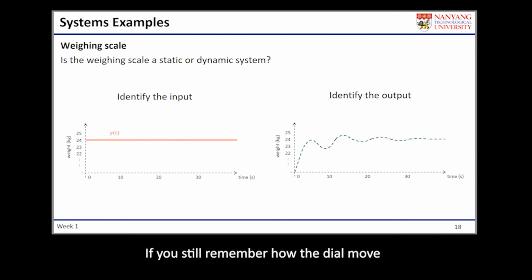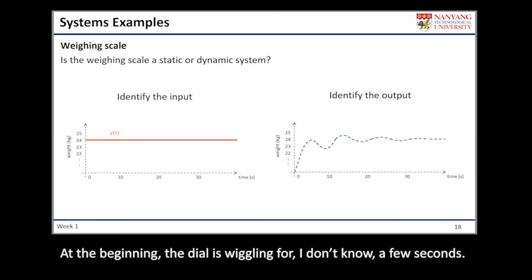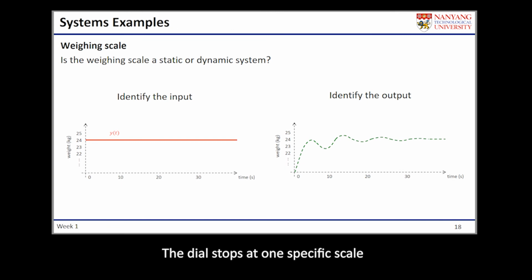If you still remember how the dial moved after the boy jumped on the weighing scale, the dial is wiggling, right? At the beginning, the dial is wiggling for a few seconds. The dial stops at one specific scale that corresponds to the body weight of the boy.